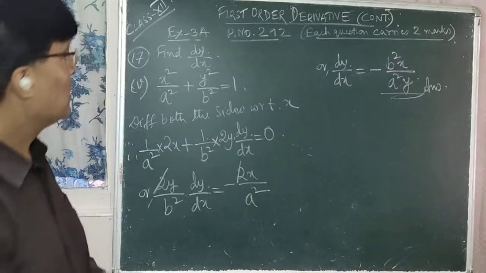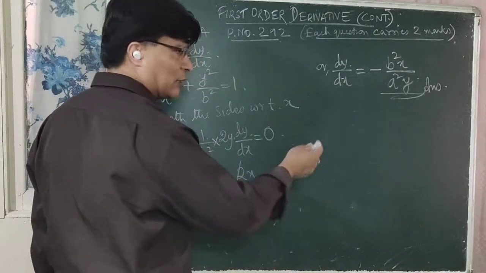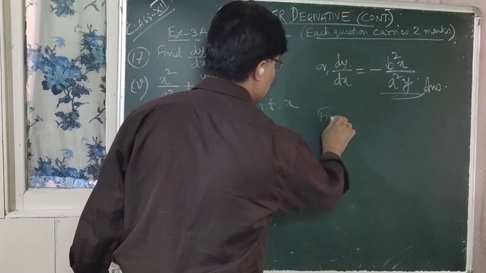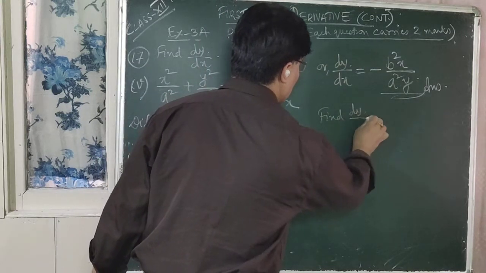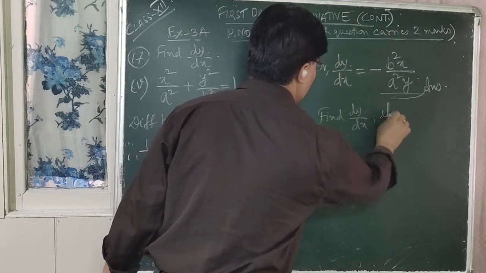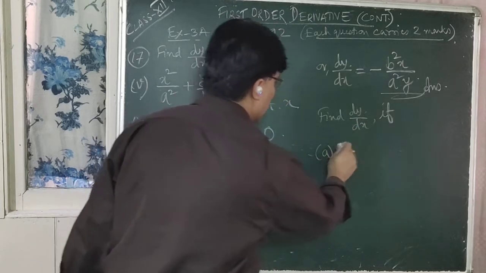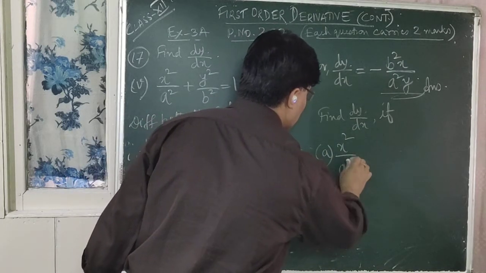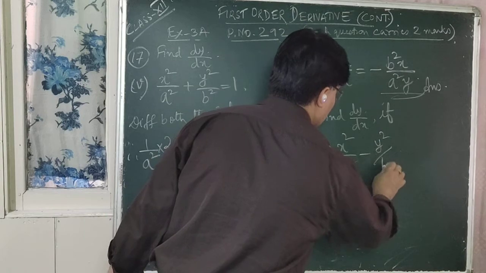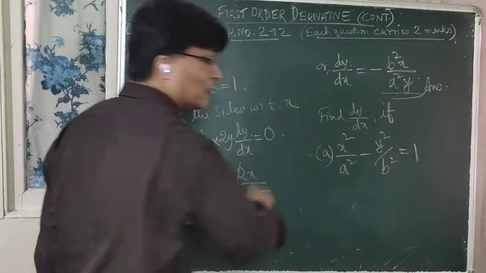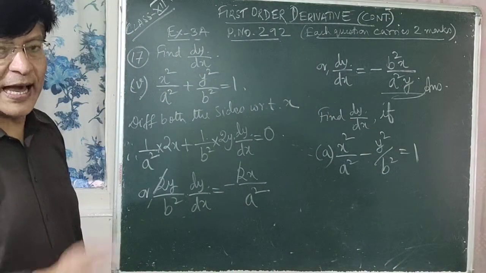Okay. Now similarly you can do this problem. You do it at home. That is, find dy by dx if number a, x square upon a square minus y square by b square is equal to 1. You know that this is the equation of a hyperbola.